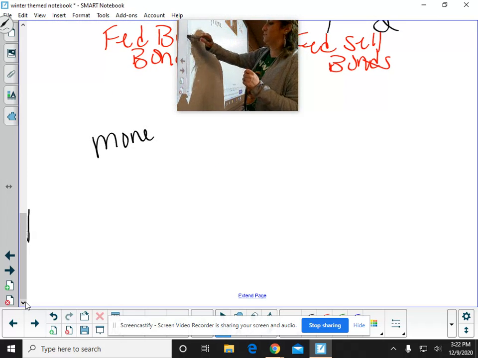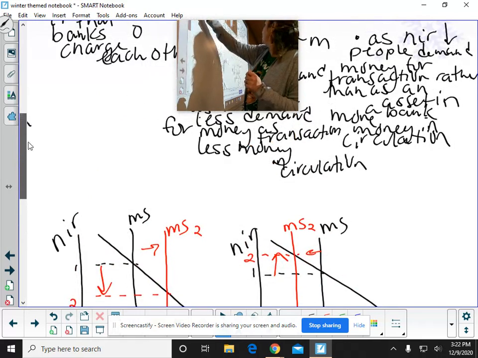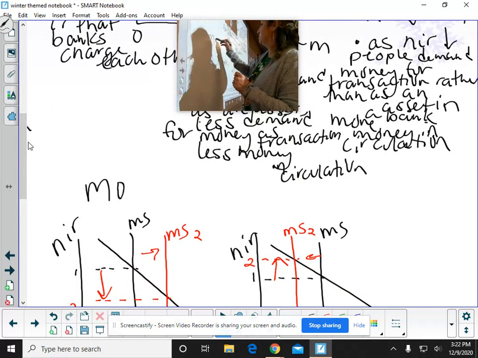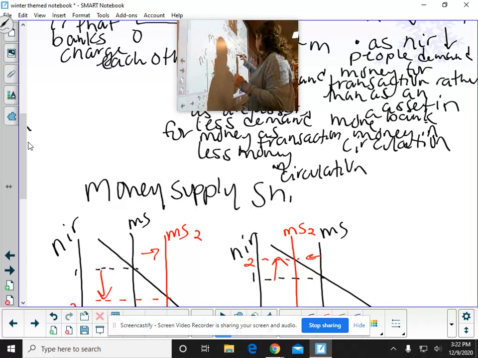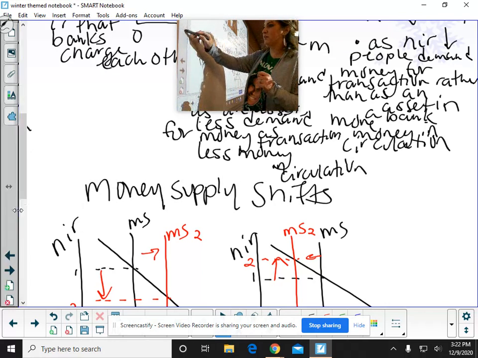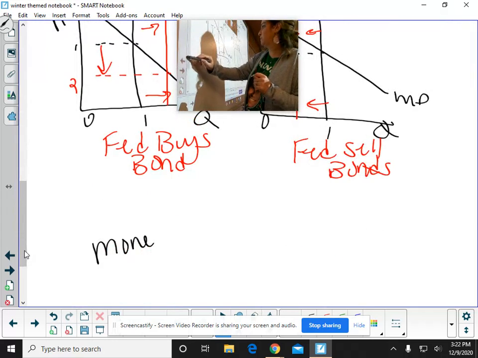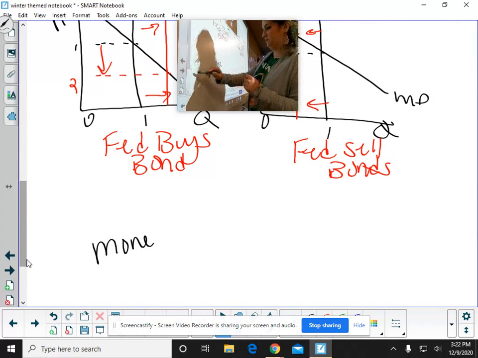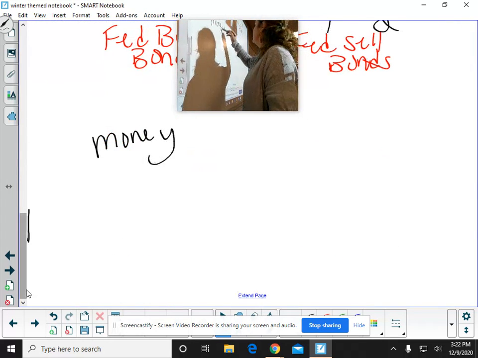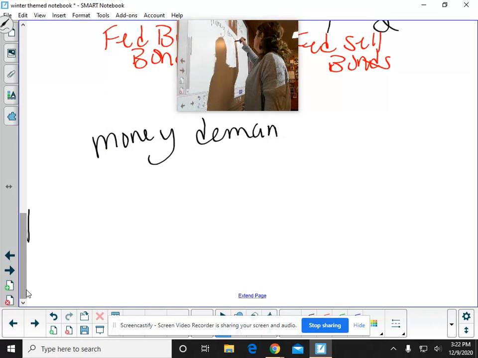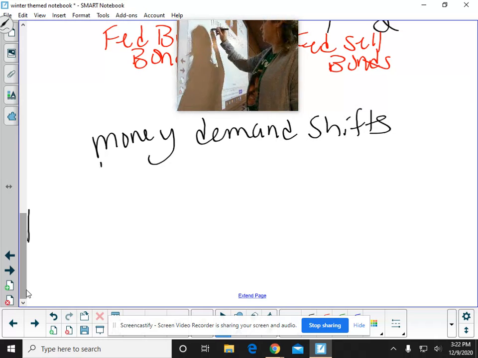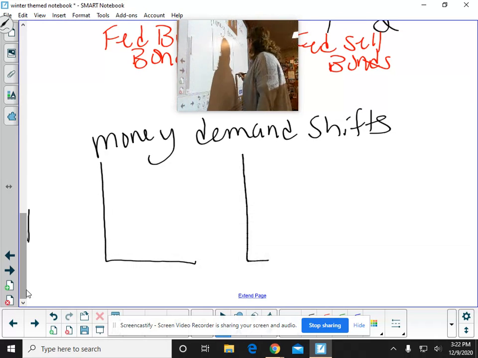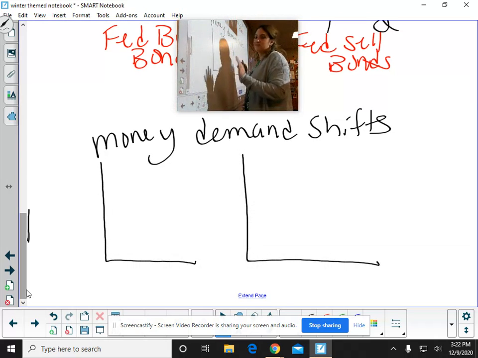I didn't give myself a title up here. You can say shifts of money supply. So that was money supply shifts. Now we can talk about what shifts money demand. Once again, I'm going to draw two graphs, and then I'm going to have some explanation.